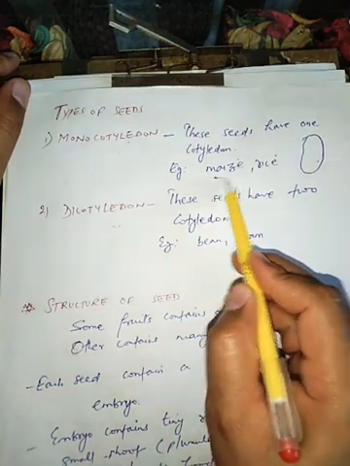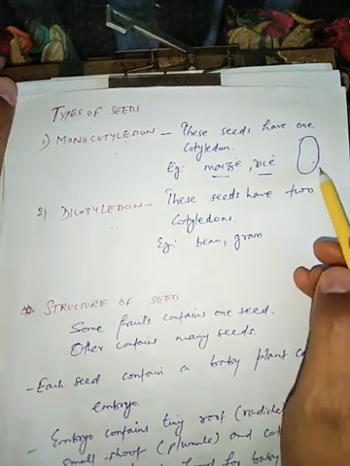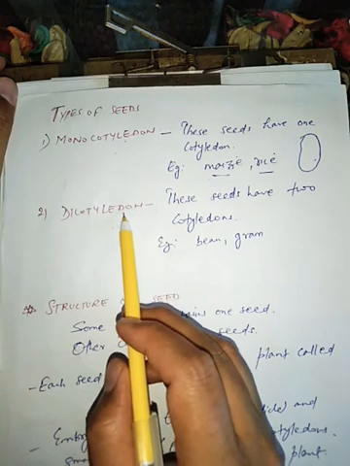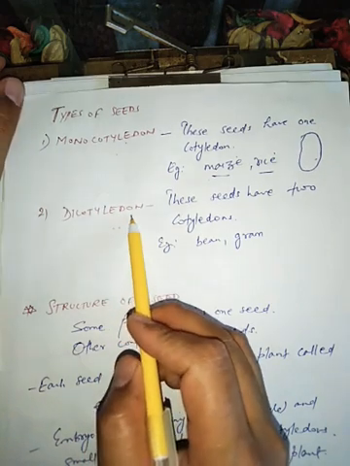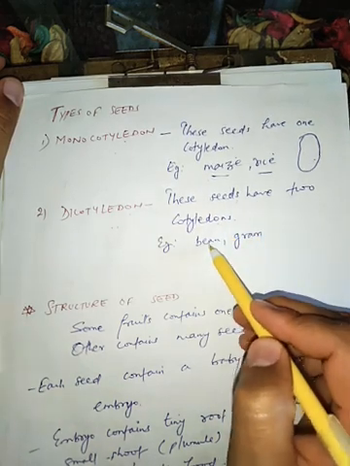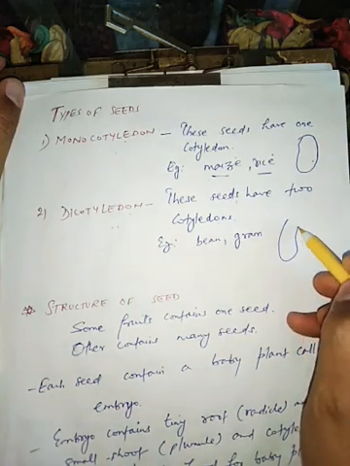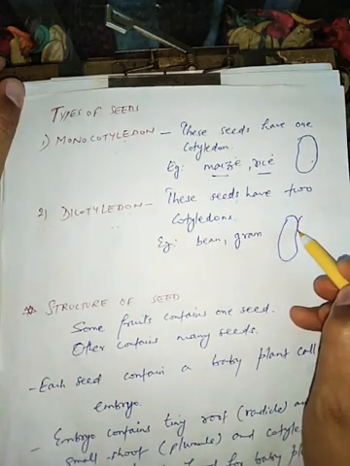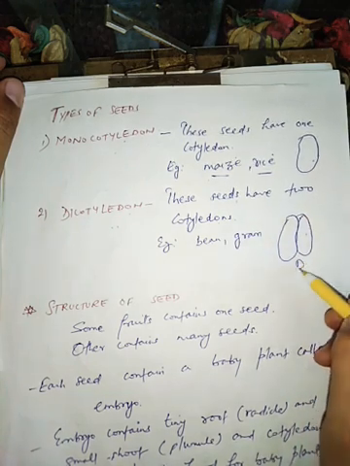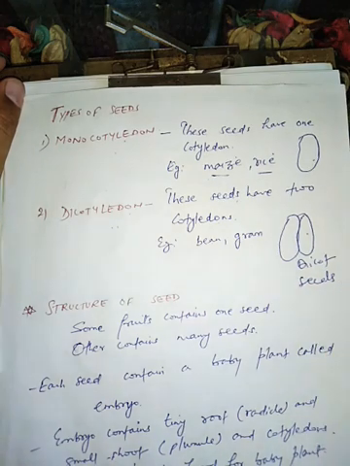Example, in the case of maize and rice, they have only a single cotyledon. Dicotyledon seeds, or dicot seeds, have two cotyledons. Example, bean and gram. Once you open these kinds of seeds, you can see two thick fleshy cotyledons. These are known as dicot seeds.